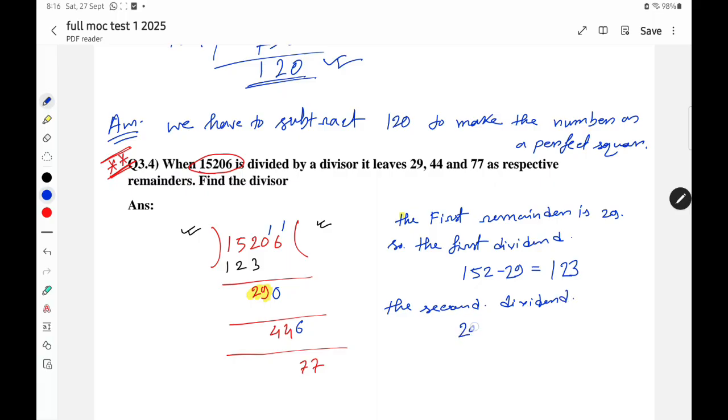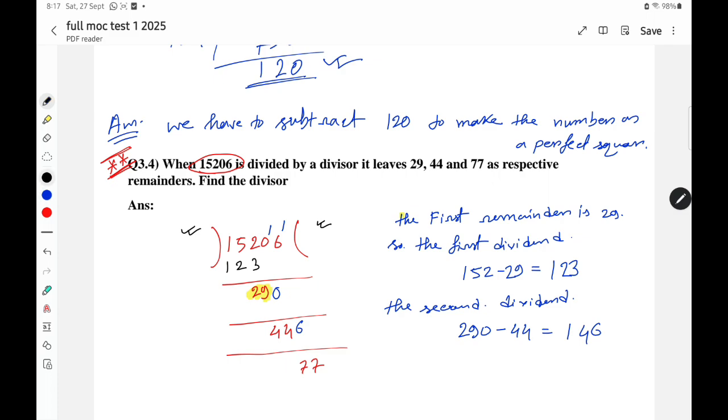Second dividend 290 minus 44 কত আসছে? 146.